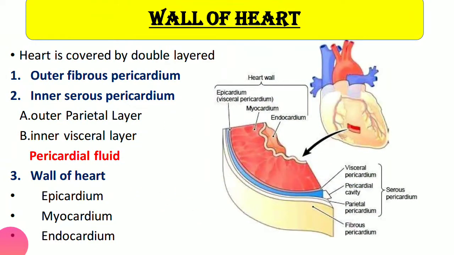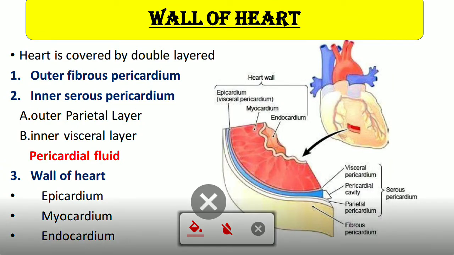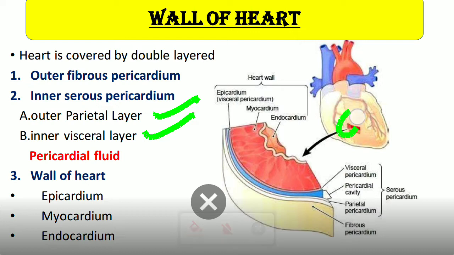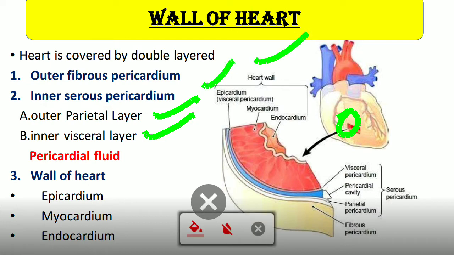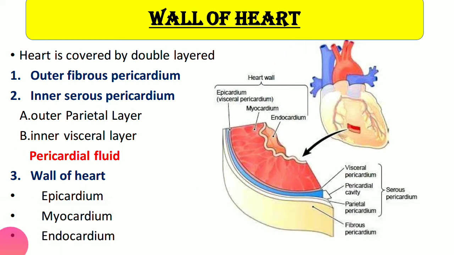Now coming to the wall of the heart itself: the wall comprises epicardium, the outer one, myocardium, the middle one, and endocardium, the inner one. So the wall of the heart has three layers: epicardium, myocardium and endocardium.